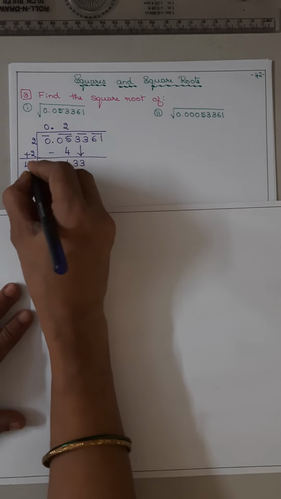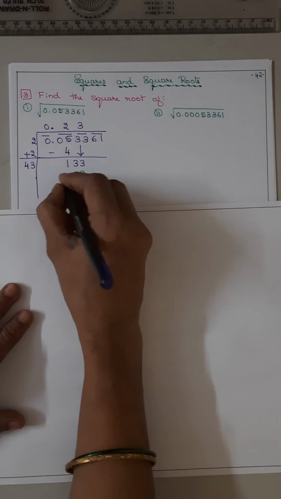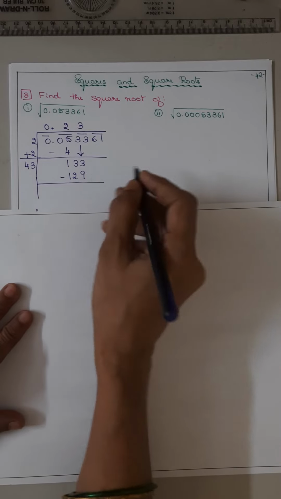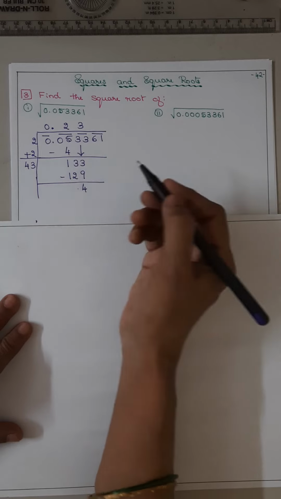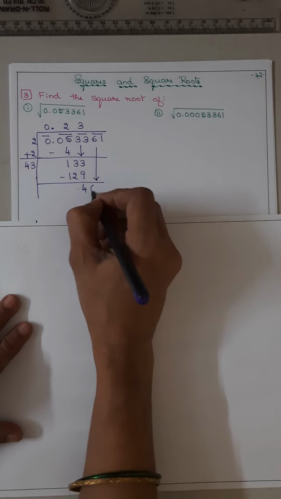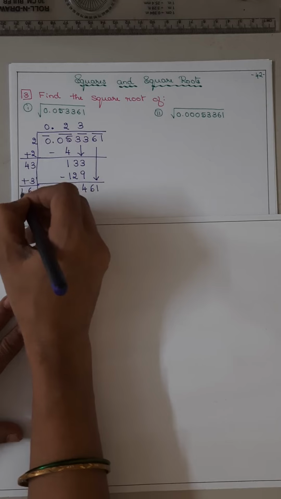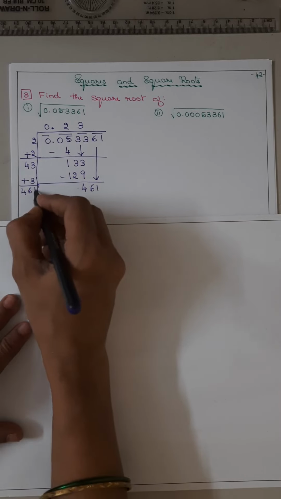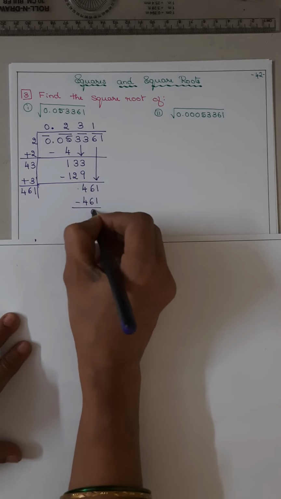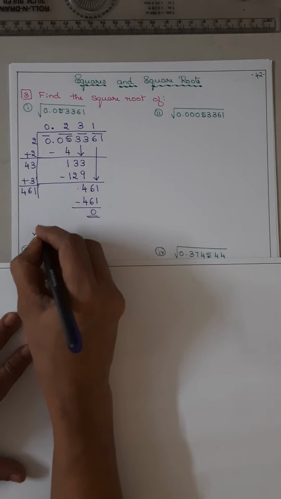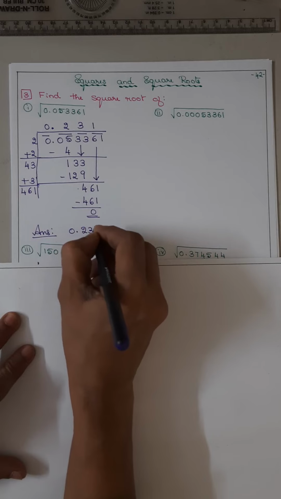Check, it will not be correct. 3 3s are 9, 3 4s are 12. Now 13 minus 9 is 4. 2 minus 2, 0. 1 minus 1, 0. Bring 61 down. Add 3, it is 6. You got 461. That means 1. Now the answer is 0.231.